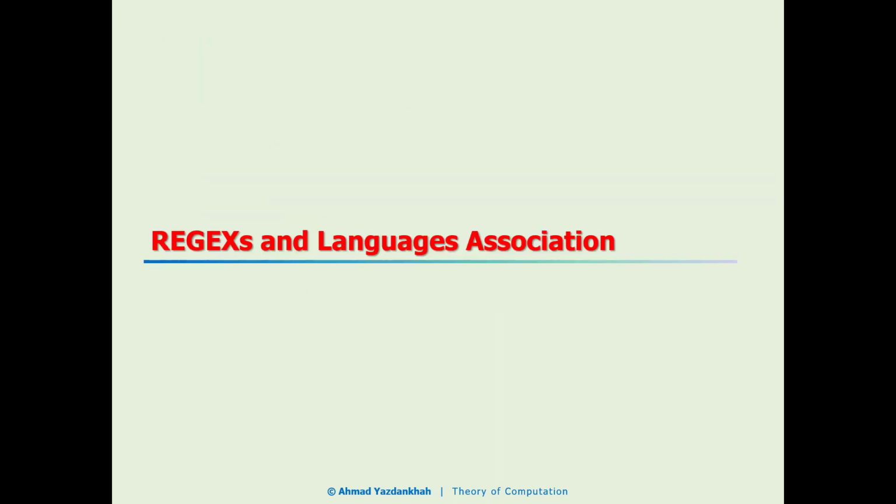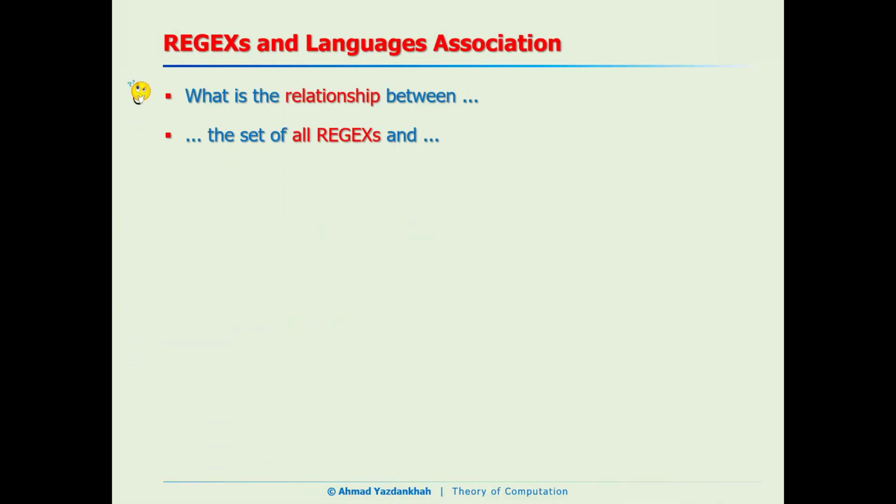In this section, we want to find a relationship between regexes and the languages. You know that we are always interested in finding out this relationship or association. We ask the same question between the machines and languages. In fact, we want to find out what portion of the languages will be covered by regexes.